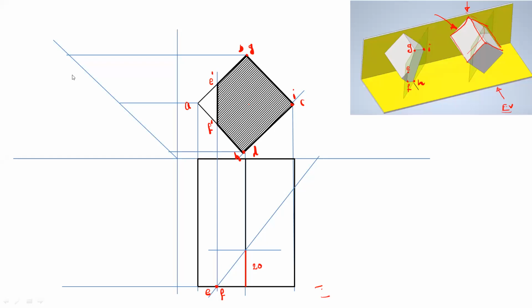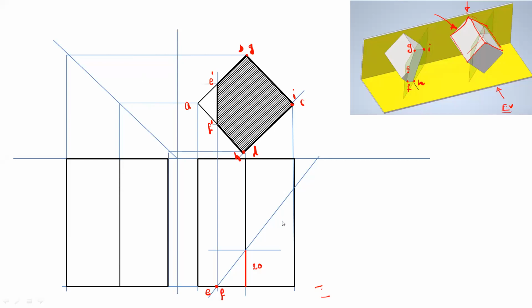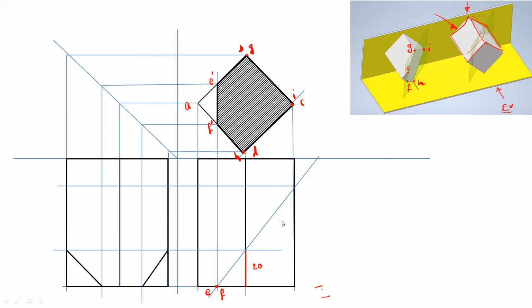So for the side view, you can draw this line at 45 degrees, then take the projection from the front view. And similarly, take the projection from the top view. So this is your side view of this section.